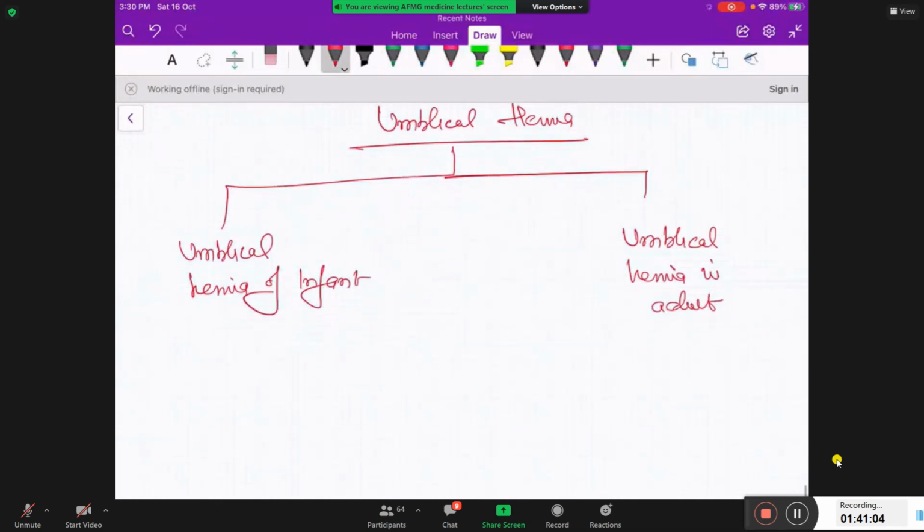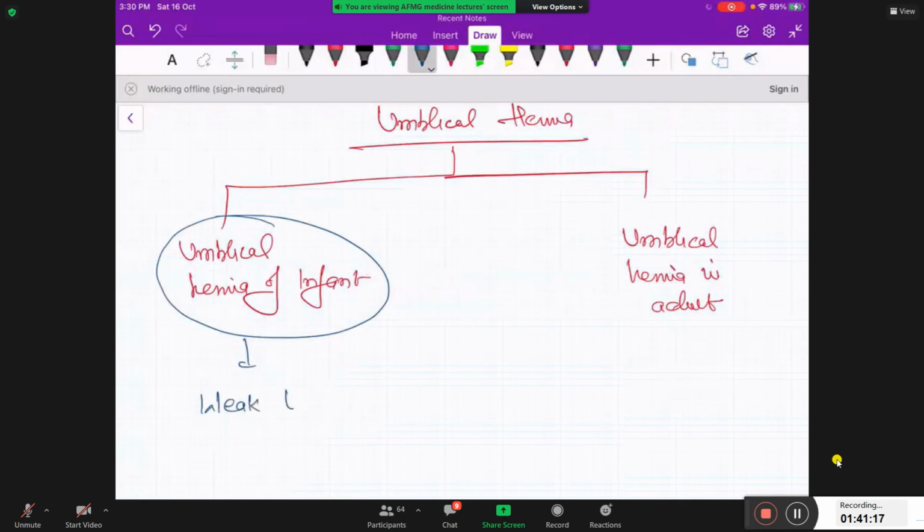And this umbilical hernia of infant is important for us in a way. This umbilical hernia of infant is due to weak umbilical cicatrix.